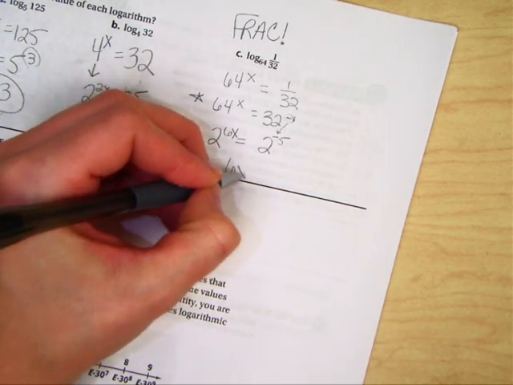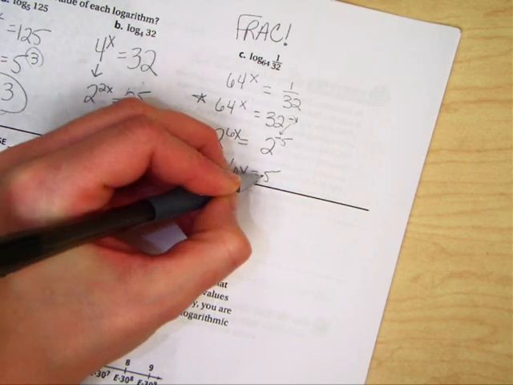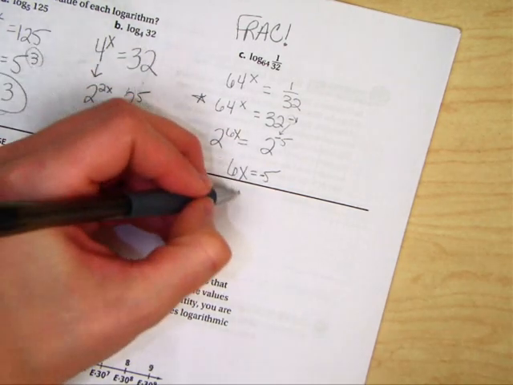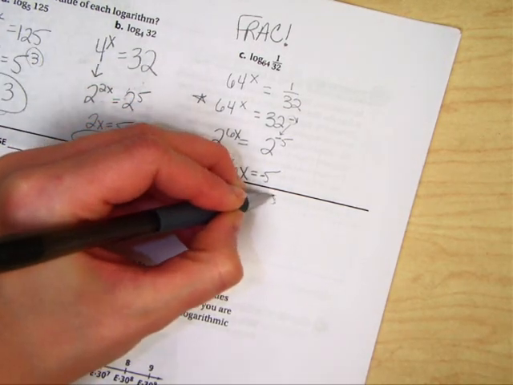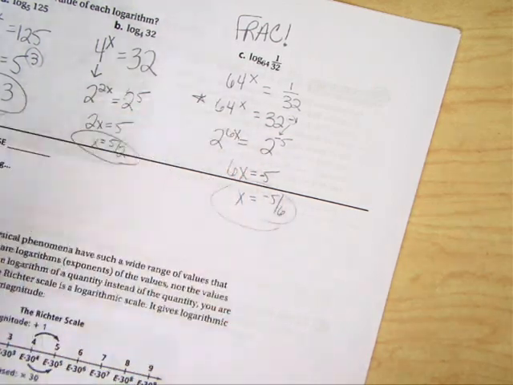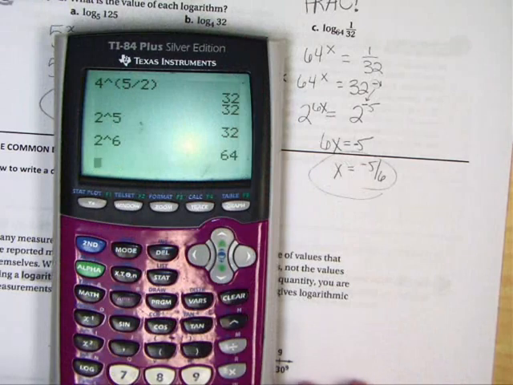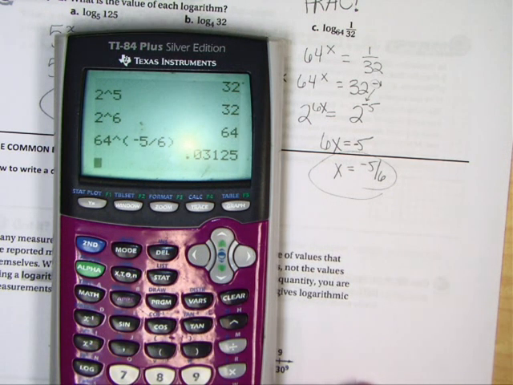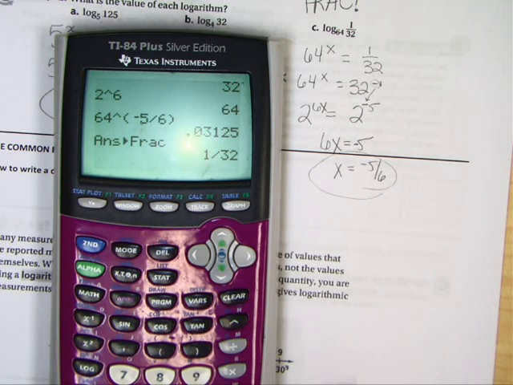Set my exponents equal, divide, and to play it safe, let's check it in your calculator. 64 to the negative 5 over 6 is 1 over 32.